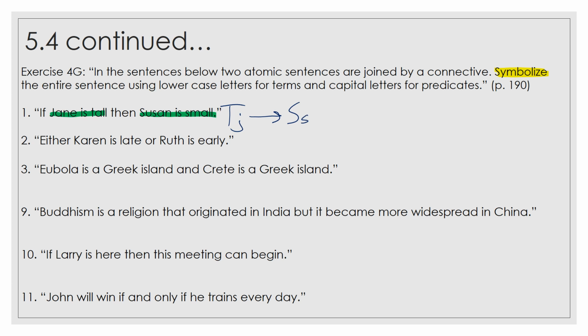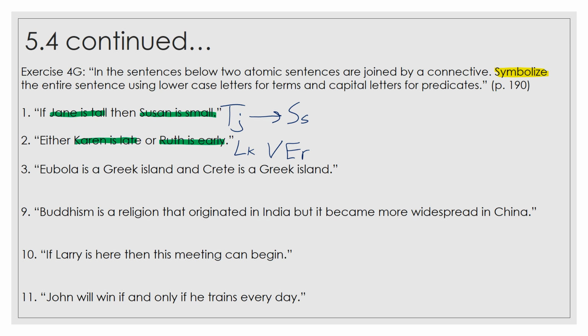Number 2, Karen is late or Ruth is early. We have a disjunction. Karen is late. Late is the predicate, so big L. Karen is a subject, so small k. Or Ruth is early. Early is the predicate, and Ruth is a subject, so big E, little r.